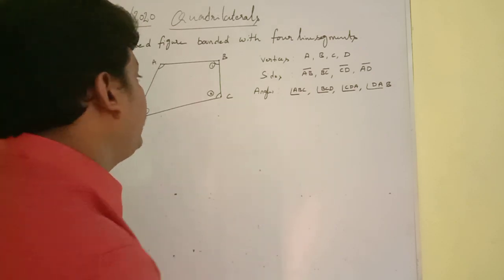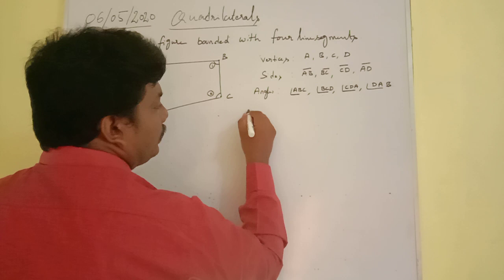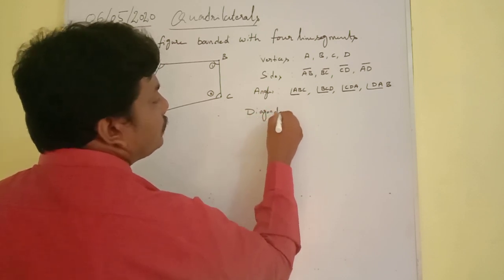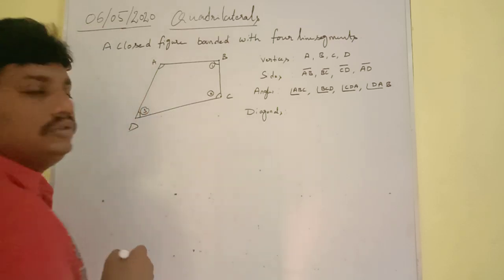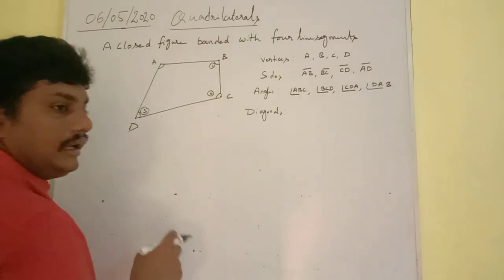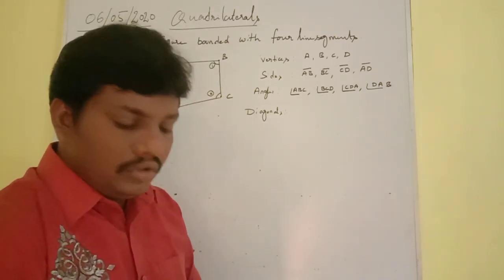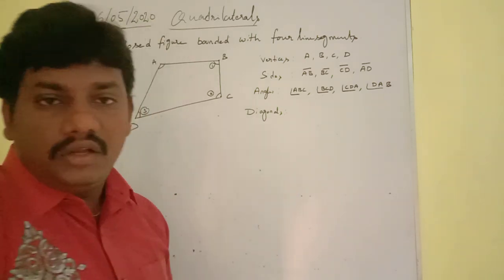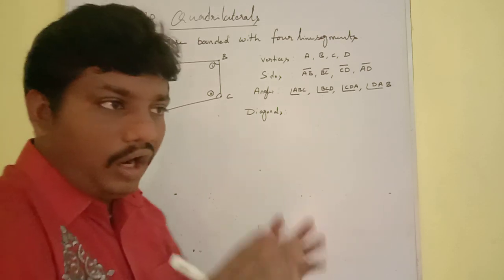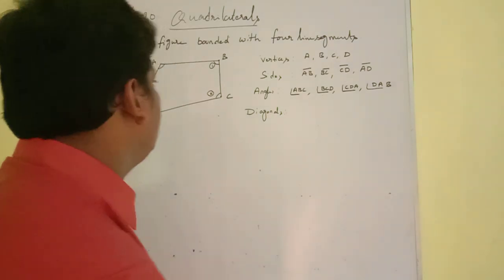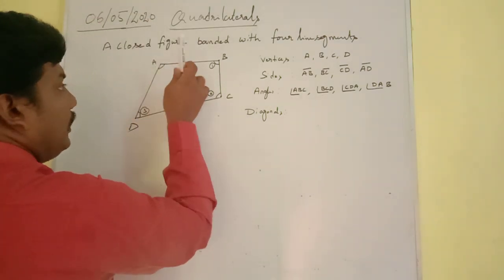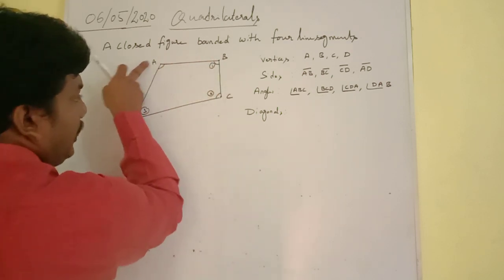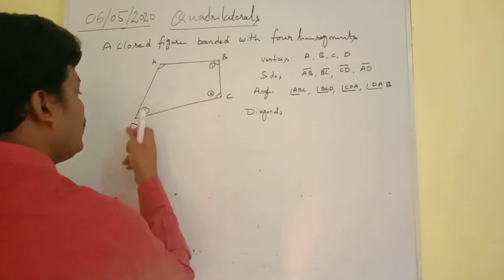So let me take diagonals. What are the diagonals of this one? Diagonals are line segments drawn between opposite vertices of the quadrilateral. Here A and B are adjacent vertices, A and C are opposite, and B and D are opposite.